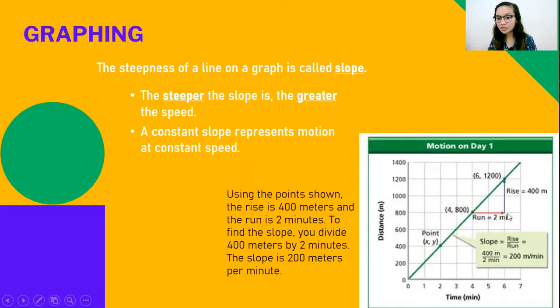So you just divide your rise by your run. You will get 200 meters per minute. So that is now your slope, at the same time your speed. This is an application of your slope sa previous math ninyo. So you can apply it in determining speed, kapag meron tayong graph.